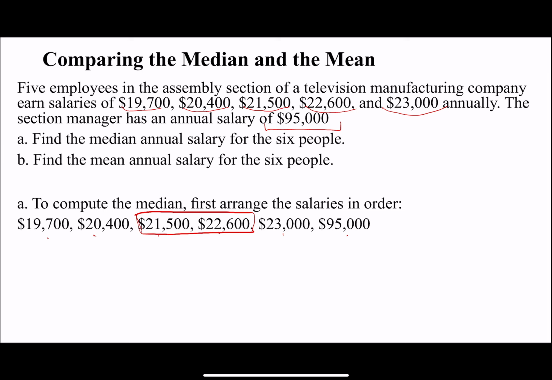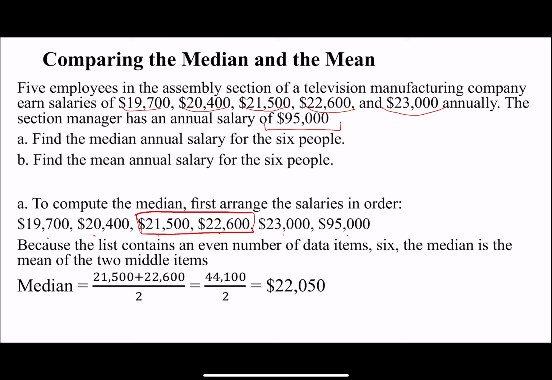So I take the mean value of them. Okay, so I add 21,500 to 22,600 divided by 2, so it's $22,050. Okay, so here is the value of the median of the salary of these 6 people, right?